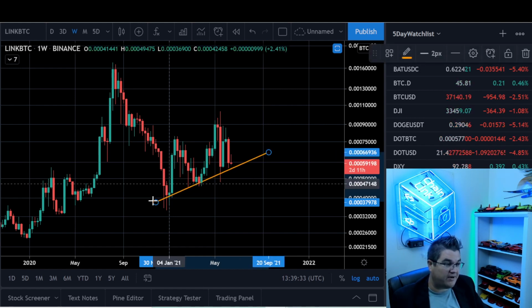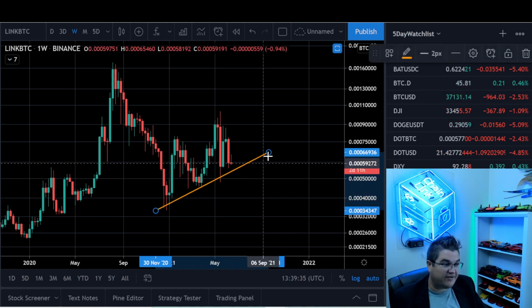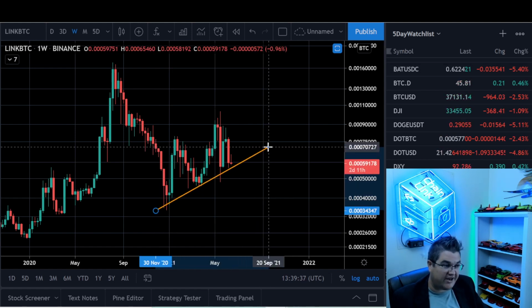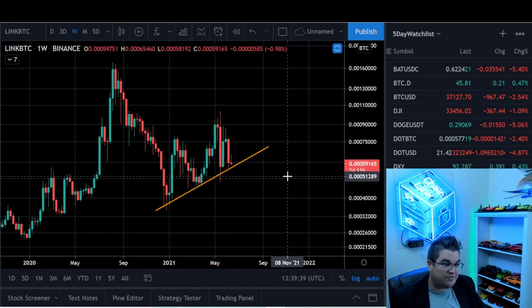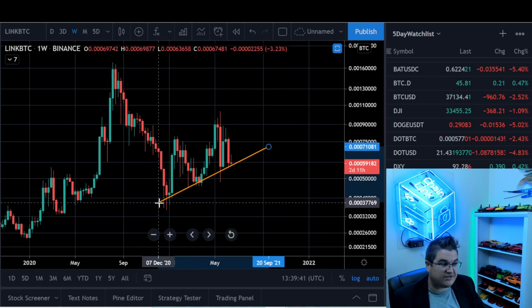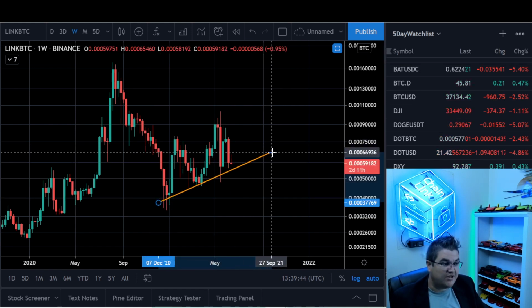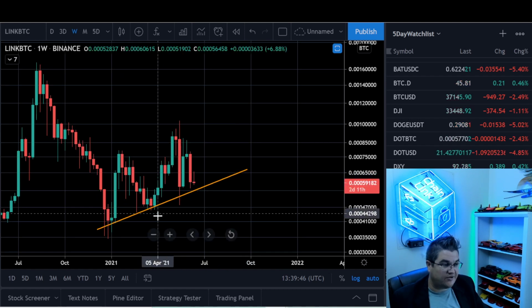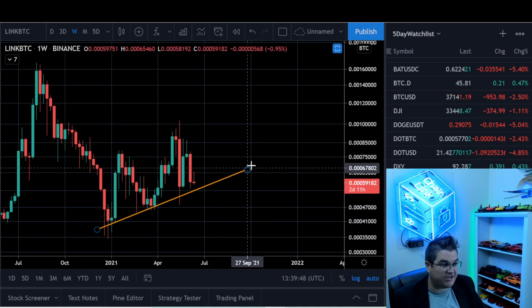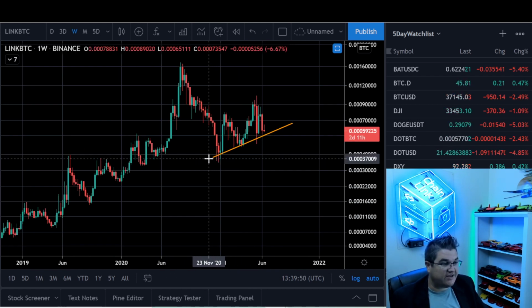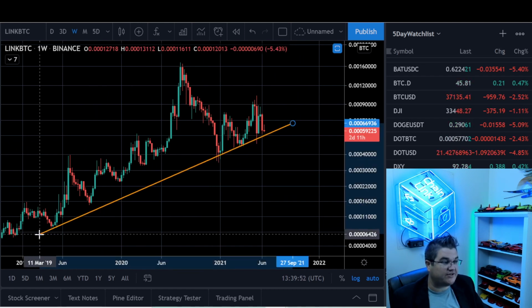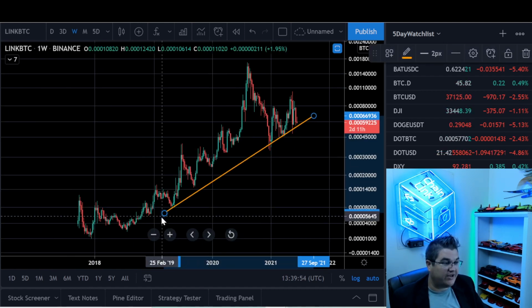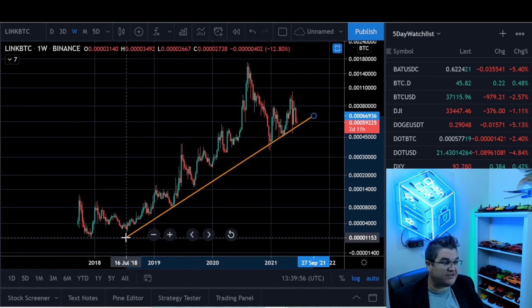You can even come up here, slide this down here, right? It's all technically correct, but the more touch points, the stronger it is. It really just helps you. It's all subjective. So until you get many more touch points on this, like say you could draw this out for years, right? Going back all the way to Bitcoin's history, and it basically just trends up.